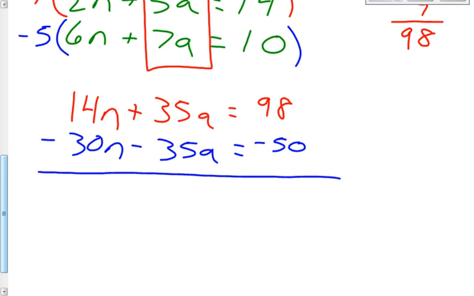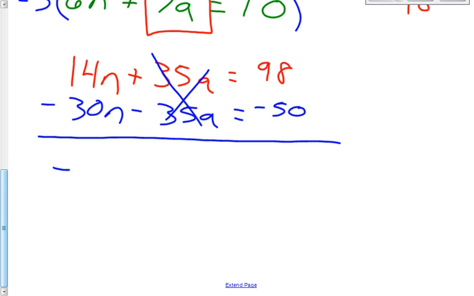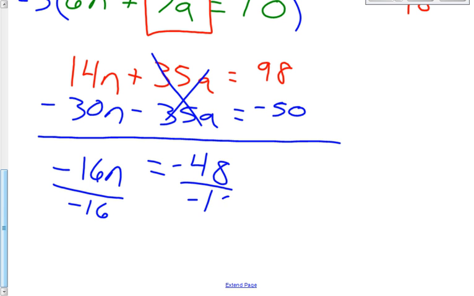Okay, and as you can see, the a's have been eliminated, thus elimination method. Over here we have a negative 16n equals a negative 48.